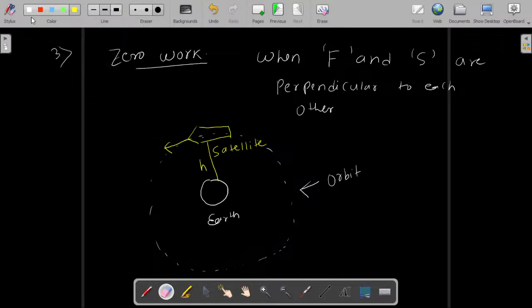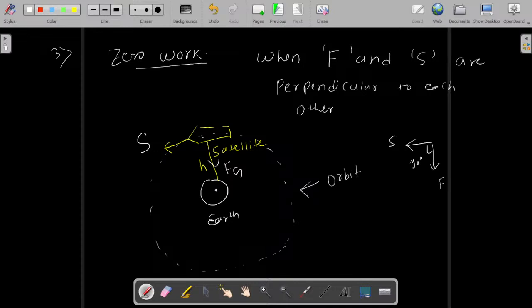So you write here direction of displacement is s, and where is the gravitational force? It is toward the center of the Earth, it is acting. So you see here the angle between force and displacement is 90 degree.